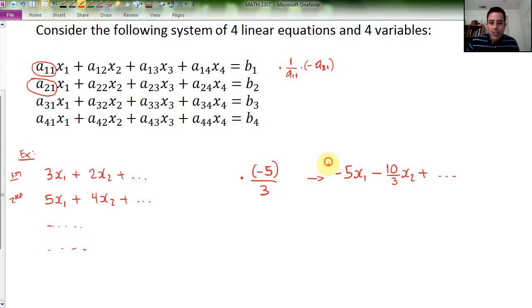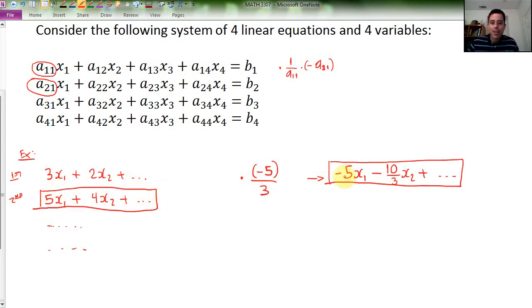And then look at this. This is what the first equation looks like now. Then I add to the second equation. You see what's going to happen? Negative 5x1 plus 5x1, that will eliminate x1.